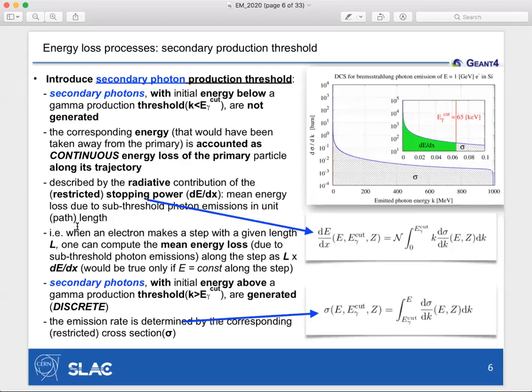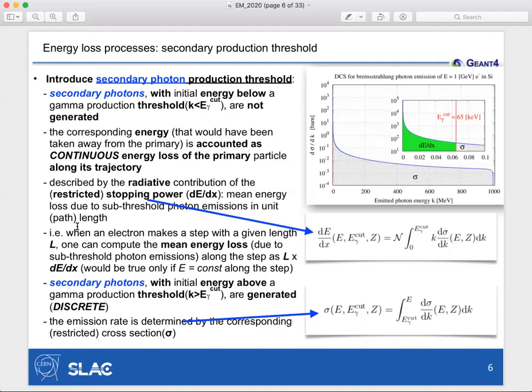So far, we saw that it's not a bad idea to introduce this secondary photon production threshold. And how is it introduced? We introduce an energy threshold for secondary gamma production in the case of Bremsstrahlung.